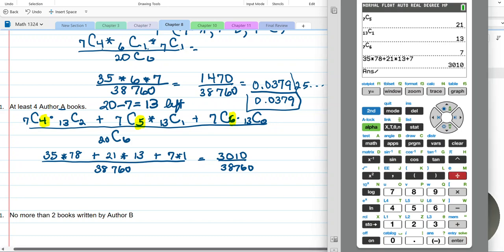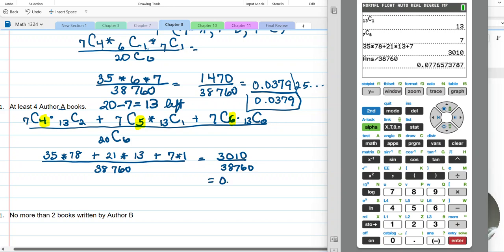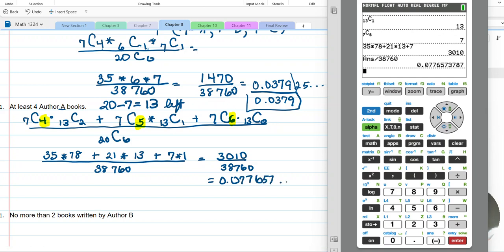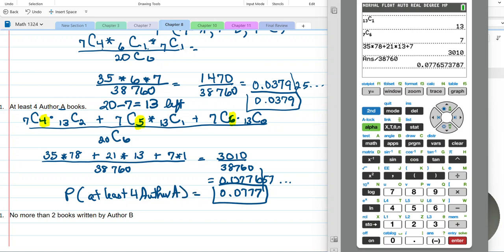So we're now going to divide by the 38760. All right. So that's our probability, at least for author A, out of the 6, at least.